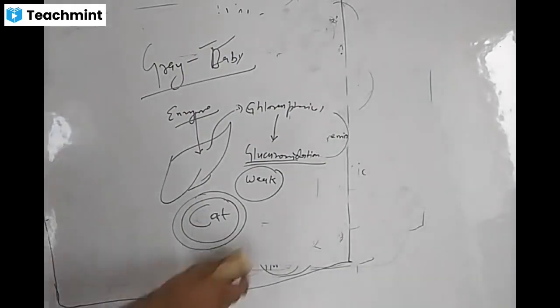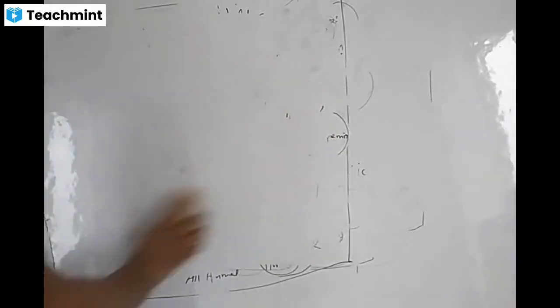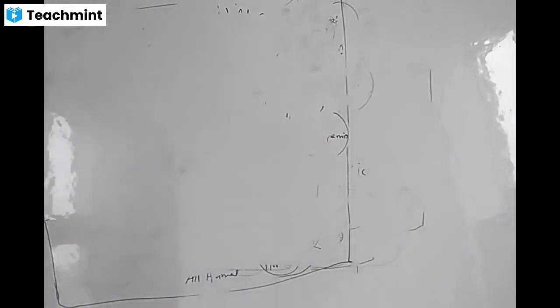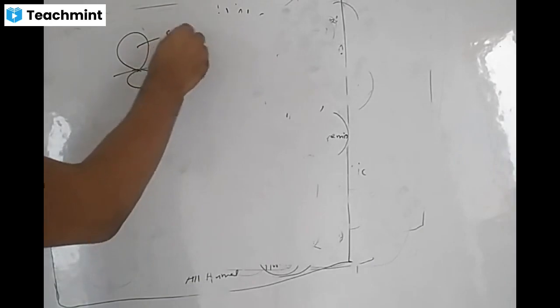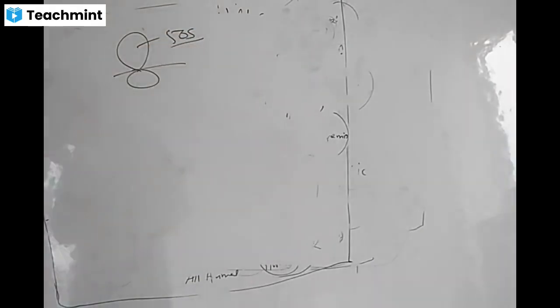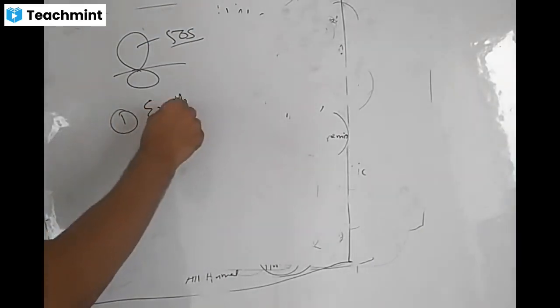Then macrolides. Macrolides are also working on your 50S, same mechanism, but the important member here is erythromycin.